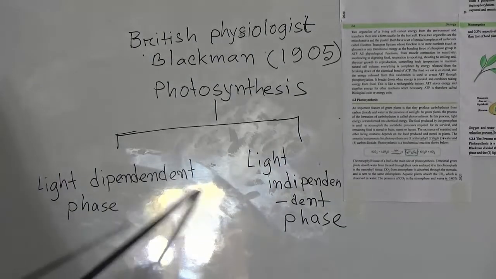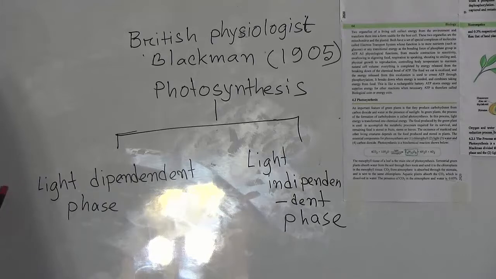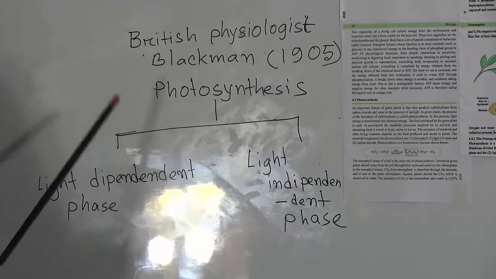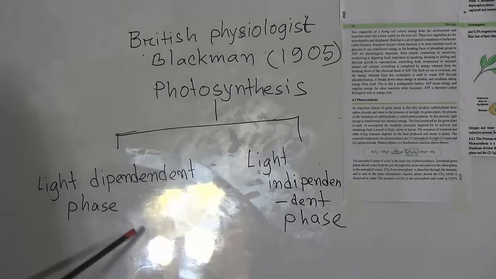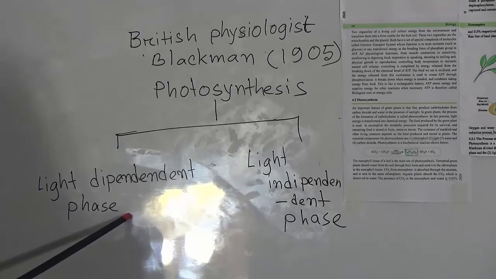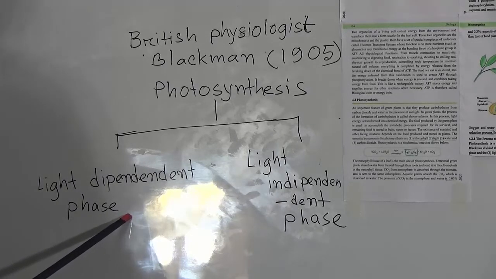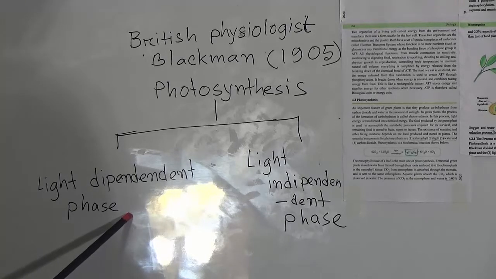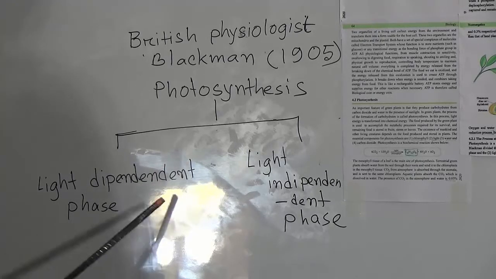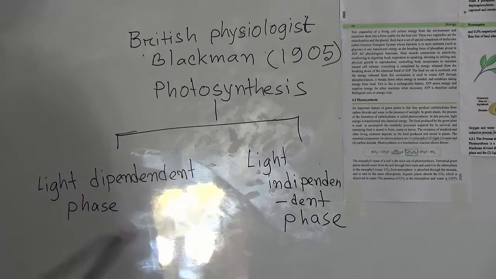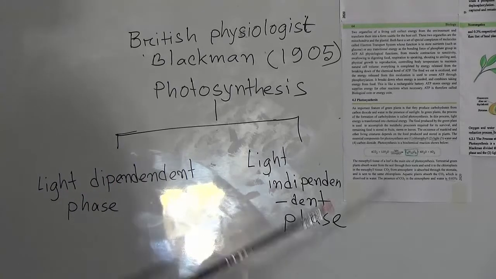The light dependent phase needs the light. A little part I discussed today, that means in that part ATP is formed. Not only ATP is formed, some other things also form, that means the light energy turns into chemical energy in the light dependent part. The rest happens in the light independent part.